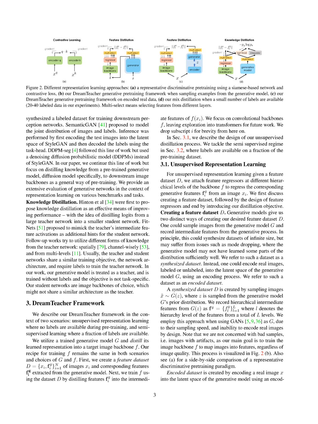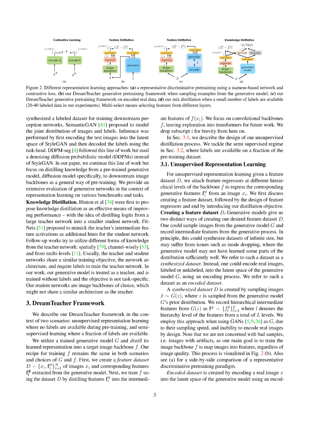Subsequent works tried to utilize different forms of knowledge from the teacher network: spatially, channel-wise, and from multiple levels. Usually, the teacher and student networks share a similar training objective and network architecture, and require labels to train the teacher network. In our work, our generative model is treated as a teacher and is trained without labels, and the objective is not task-specific. Our student networks are image backbones of choice, which might not share a similar architecture as the teacher.